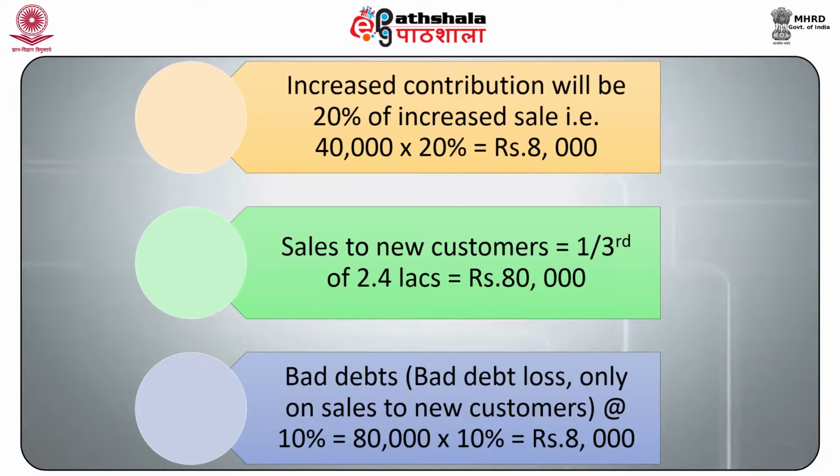Increased contributions will be 20% of increased sales. That is, increased sales are 40,000 multiplied by 20%, which is 8,000, the increased contribution. Sales to new customers is 1/3 of 2.4 lakhs, which is 80,000, and bad debt loss applies only to the sales of new customers at 10%: 80,000 into 10% is 8,000.